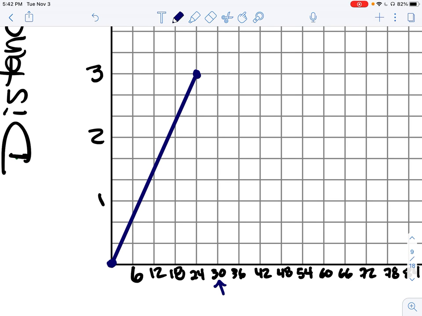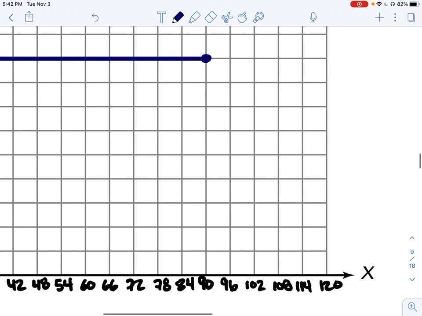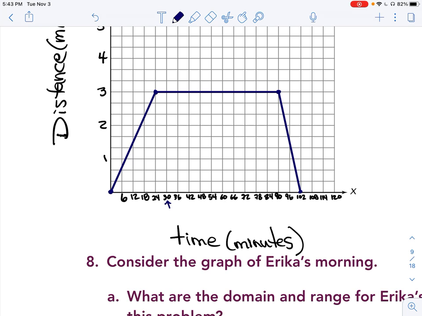Then for an hour, so that means 30 plus 60 is 90, she played basketball. And then 12 minutes it took her to get home. So 90 plus 12, 102. And there you have it.